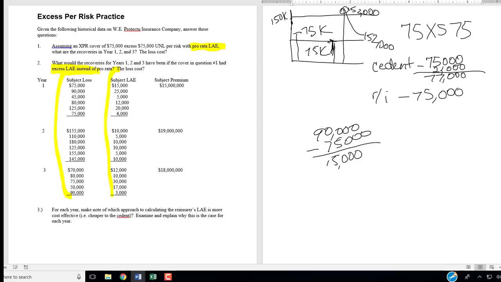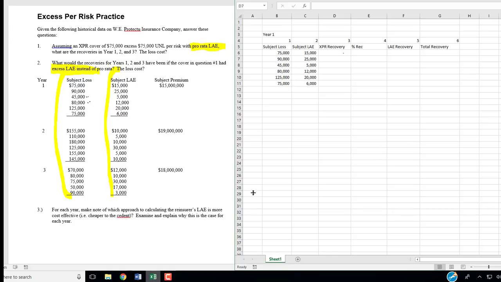And while we're at this, let's look at our third and fourth loss. Our third loss doesn't exceed the retention, and our fourth loss of 80,000 only goes into the retention by 5,000. So 80,000 here, that's only a $5,000 recovery from the reinsurer. So let's put those numbers in. We had 15,000, 0, and then 5,000.